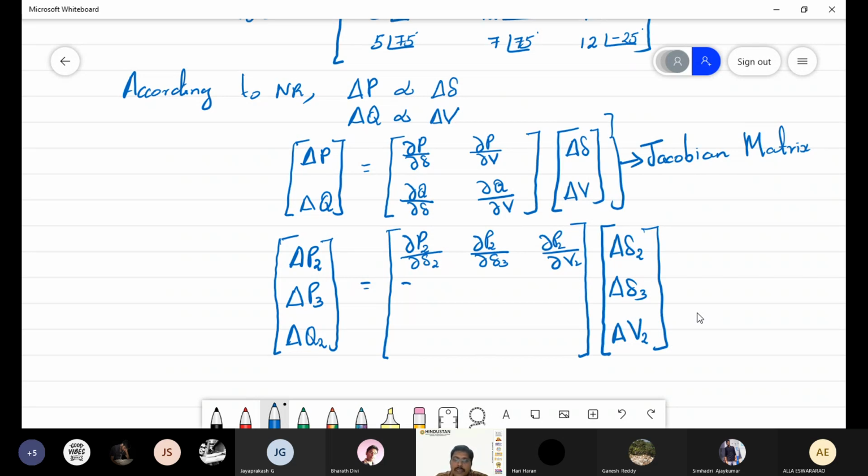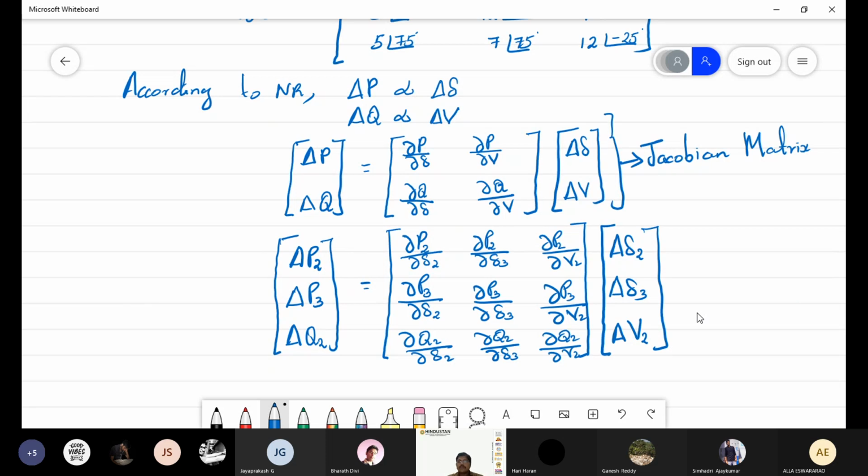And similarly for P3, that is dou P3 divided by dou del 2, dou P3 divided by dou del 3, dou P3 divided by dou V2. And the last one, dou Q2 divided by dou del 2, dou Q2 divided by dou del 3, dou Q2 divided by dou V2.